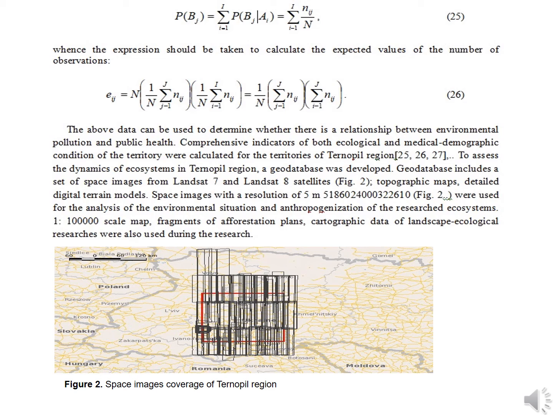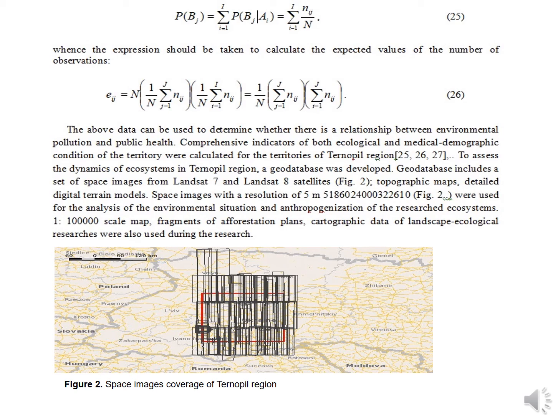Comprehensive indicators of both ecological and medical-demographic condition of the territory were calculated for the territories of Ternopil region. To assess the dynamics of the ecosystem in Ternopil region, a GEO database was developed. The GEO database includes a set of space images from Landsat 7 and Landsat 8 satellites, topographic maps, and detailed digital terrain models.